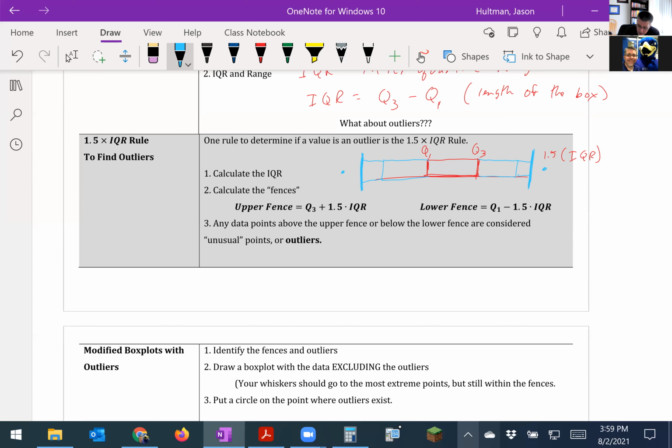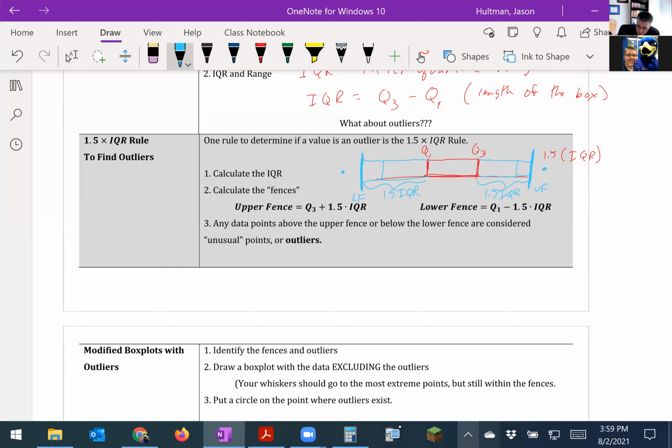And these outliers are outside these fences. This fence is 1.5 IQRs below Q1, and this fence is located 1.5 IQRs above Q3. We call this the upper fence, or the UF, and this the lower fence, or the LF.